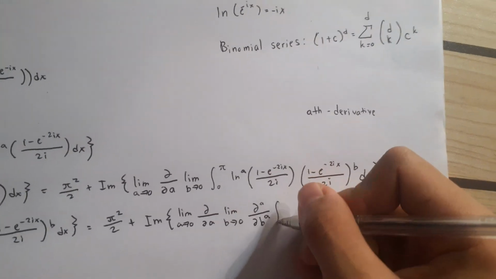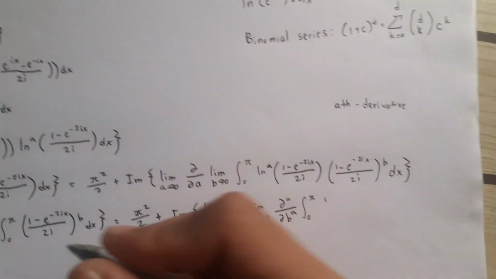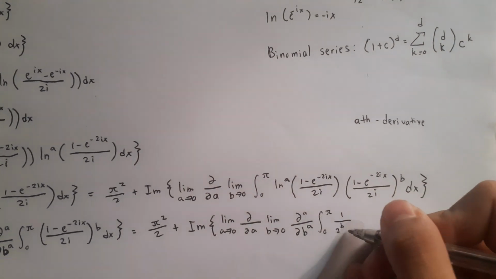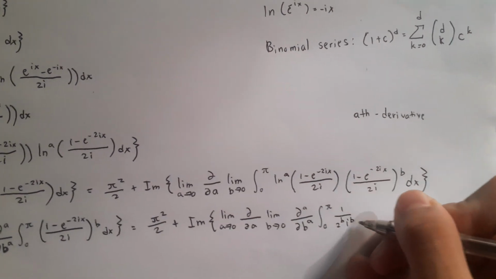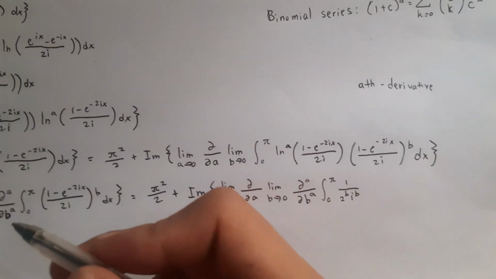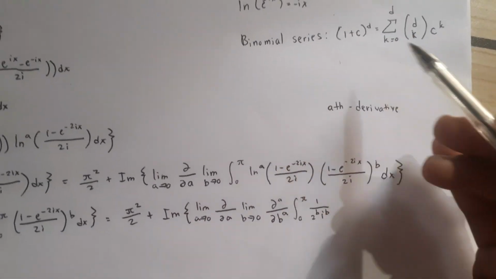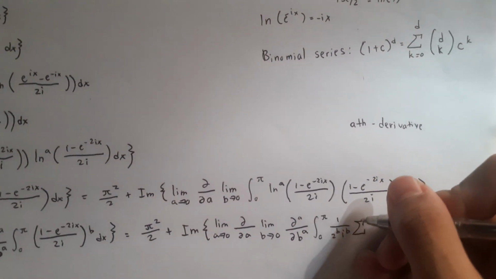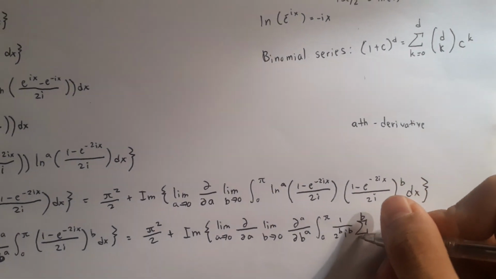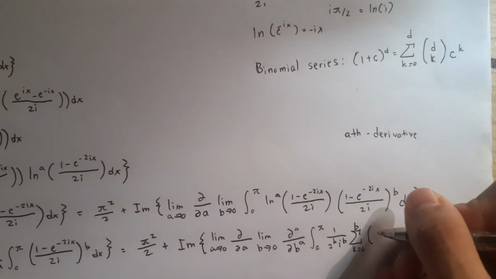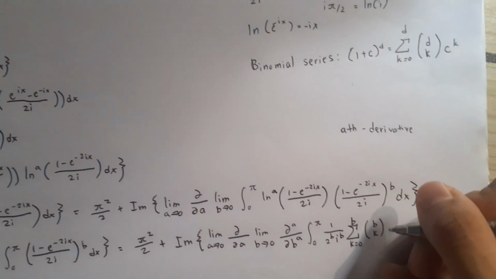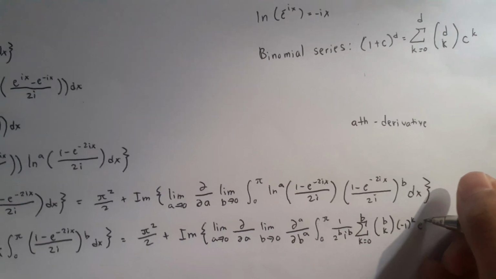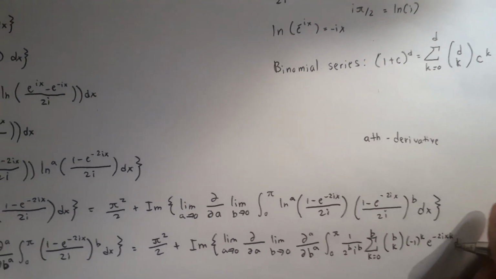So this is 1 over 2b times i raised to b, followed by the employment of this binomial series. Then this is just the binomial coefficient b choose k, and negative 1 raised to k and e raised to negative 2ixk dx.